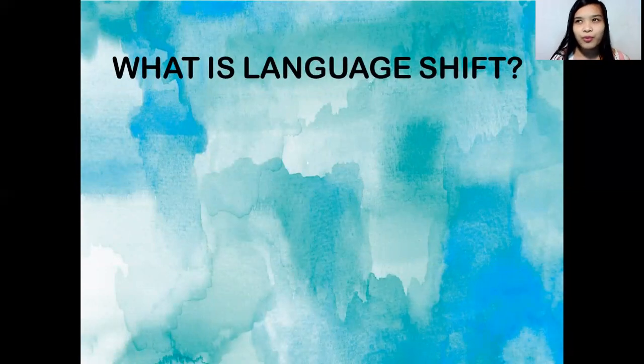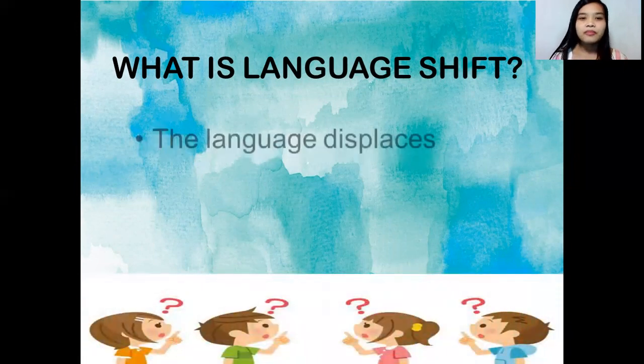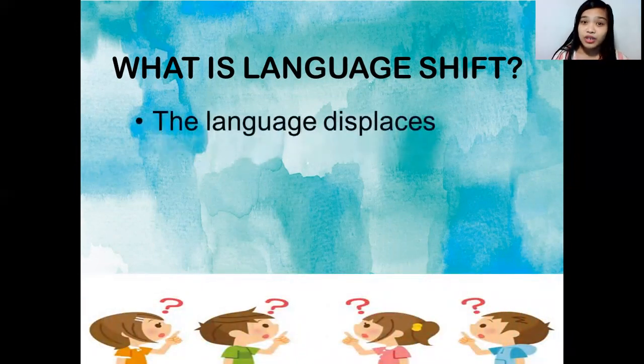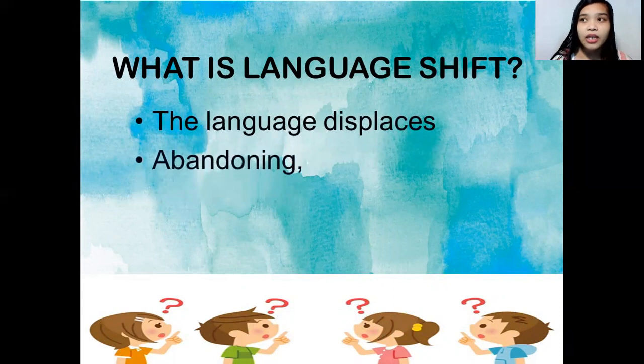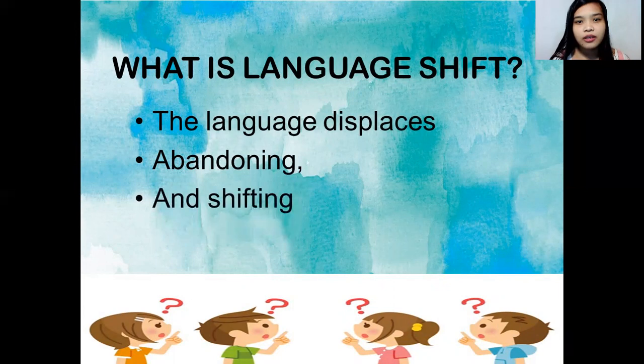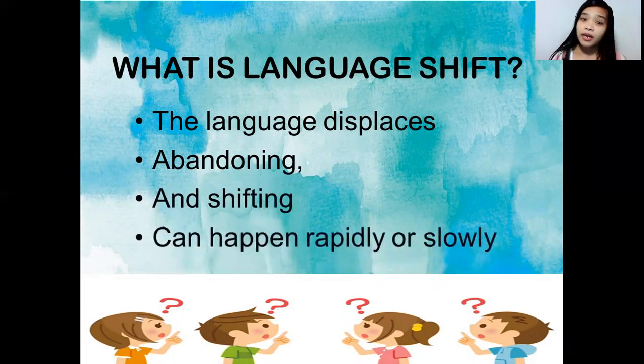So what is language shift? When I first heard this lesson, I was also appalled because of language shift and death. I was kind of confused. So language shift is when the language is displaced. It is when you abandon and shift your language, but it can happen rapidly or slowly.